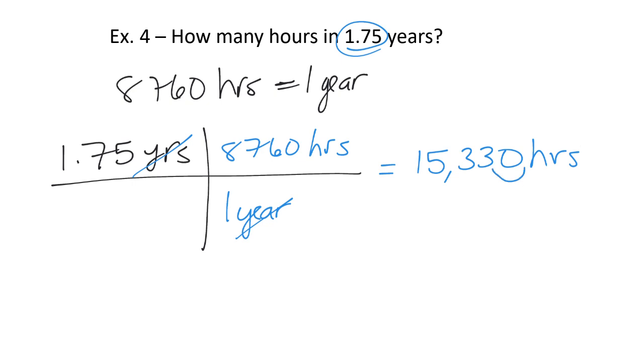So we're going to go 1, 2, 3, 4. So it's 1 point. Now, remember, I need 3 sig figs. 1, 2, 3. So I need 1.53. Now, this one tells me if I have to round or stay the same, and I stay the same. So it's times 10 to the 4th hours.